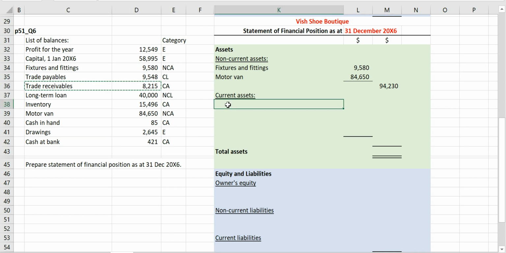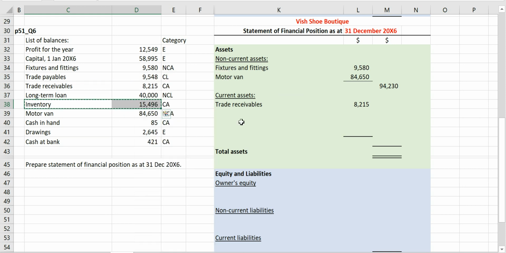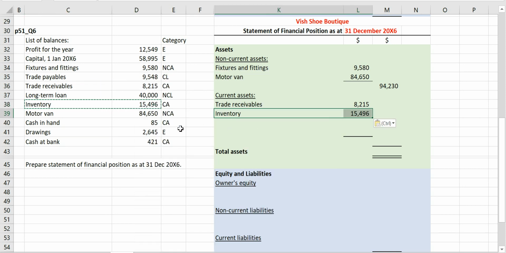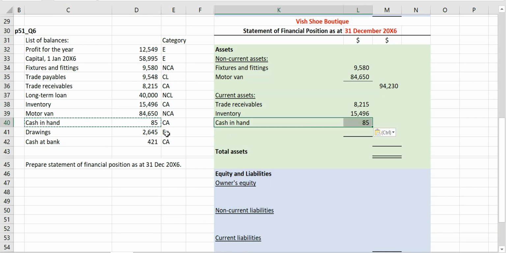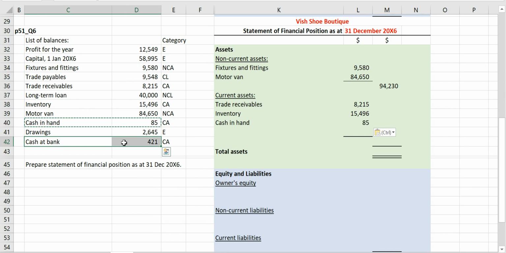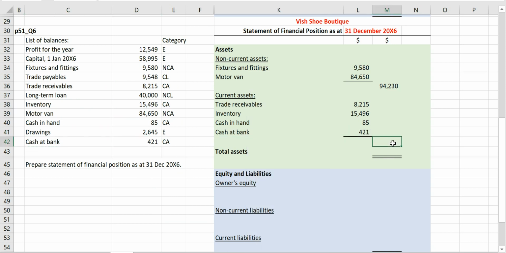Current assets: inventory, cash in hand, cash at bank. And the subtotal gives us, and therefore the total assets is total non-current assets add total current assets.